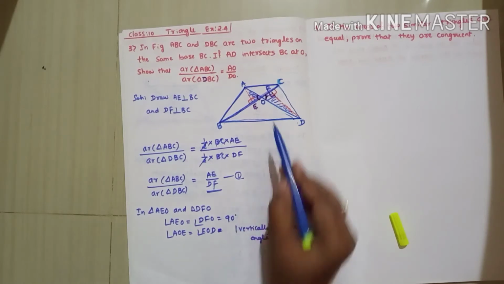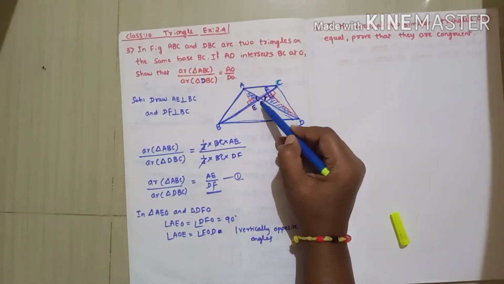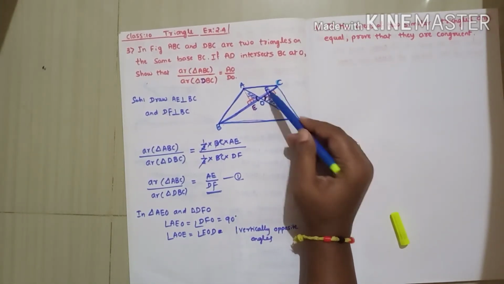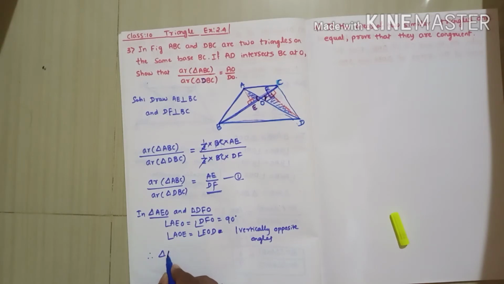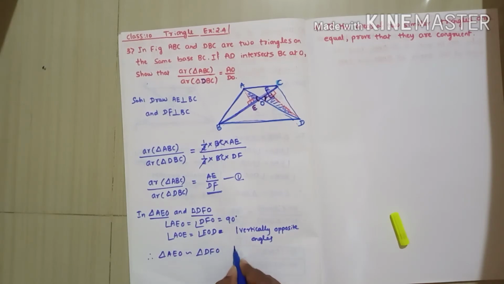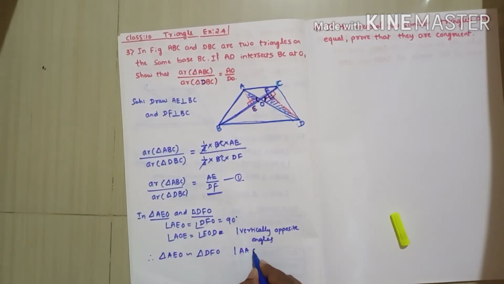See, two angles of triangle AEO are equal to two angles of triangle DFO, so by AA criteria we can say these two triangles are similar. Therefore, triangle AEO is similar to triangle DFO by AA criteria.